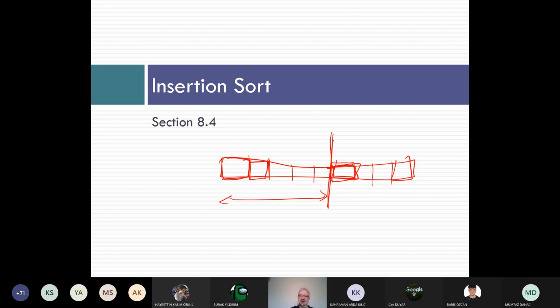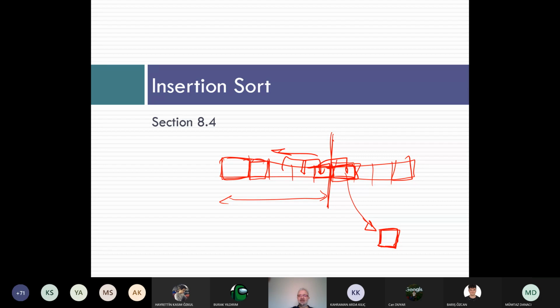Simple. We are gonna copy this element somewhere else, and as long as the elements here onward to the left are larger than the element that we have put aside, the elements are moved to the right.